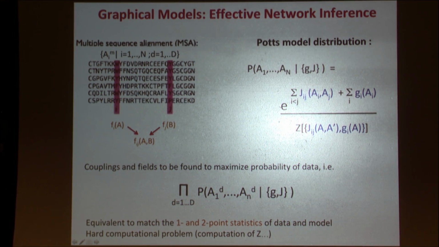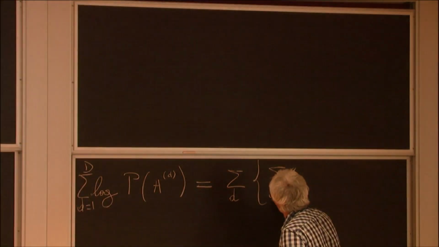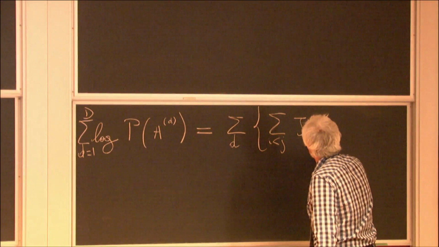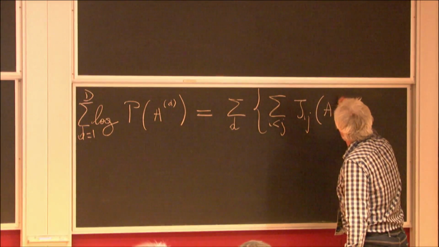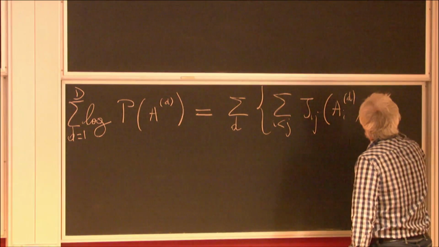Yes. So it's a sum over all sequences. And then you see you get the sum over D. And so you get the sum over all pairs, the pair interaction term, Jij. So this is A_i^D, the amino acid at site i in sequence D, A_j.